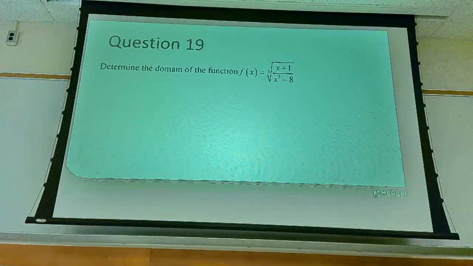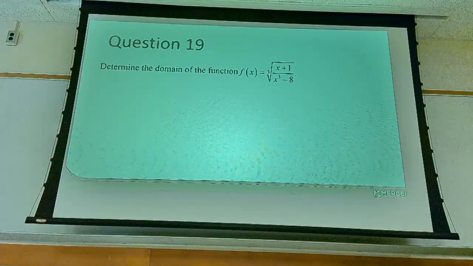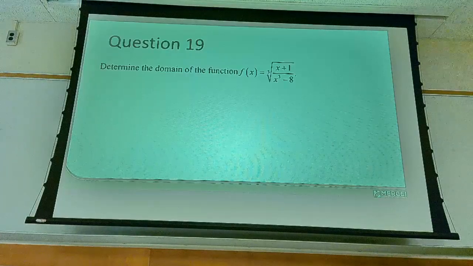Isn't that under a radical? The denominator is the cube root of x cubed minus 8, because that radical applies to both numerator and denominator simultaneously.